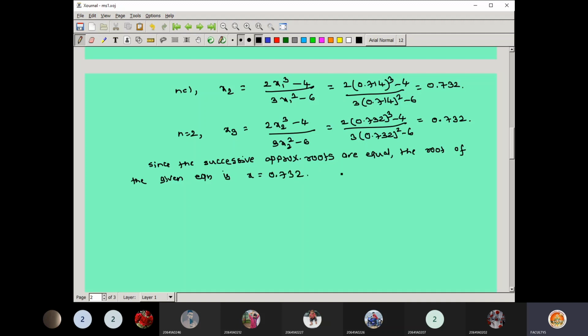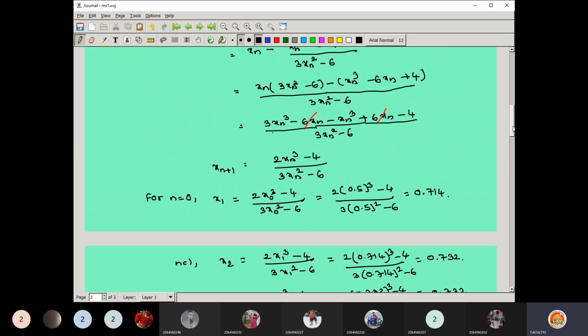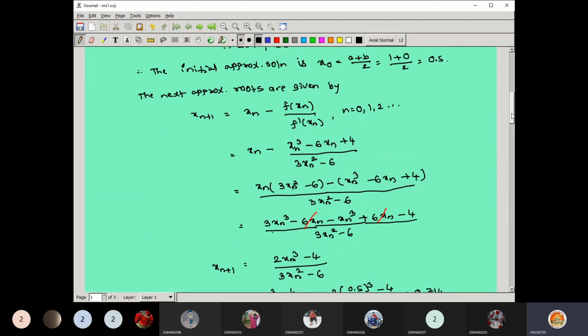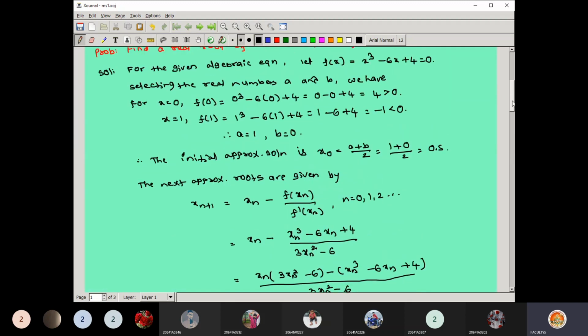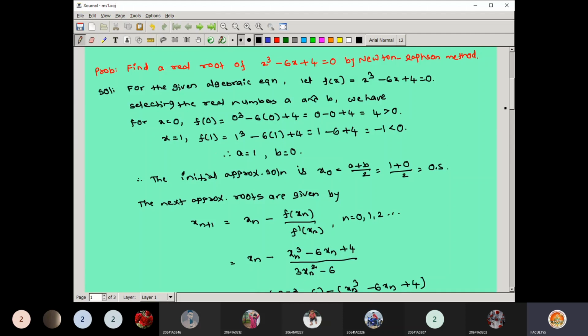That is the final answer corresponding to the problem. So comparing with your previous methods, the Newton-Raphson method is somewhat easy and more effective. Immediately you are going to get your answers. So that is the advantage of the Newton-Raphson method.